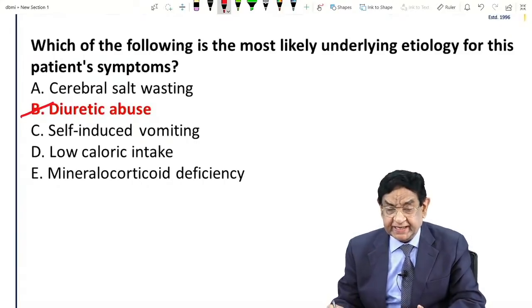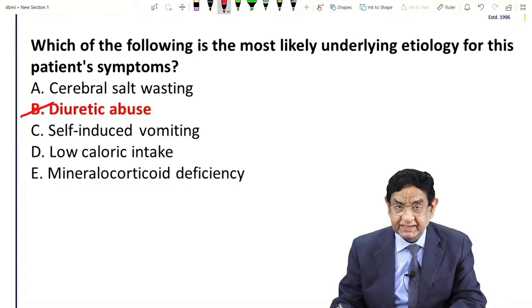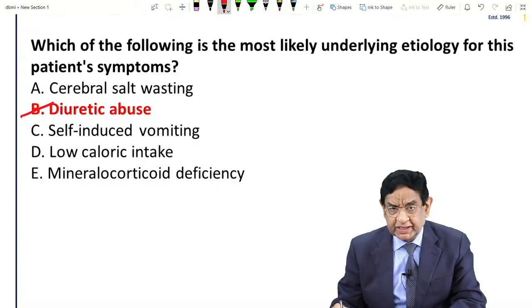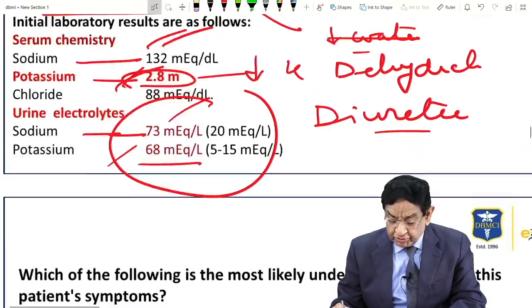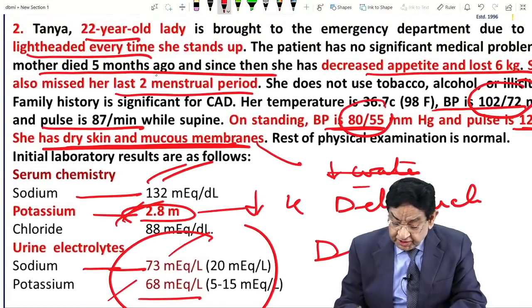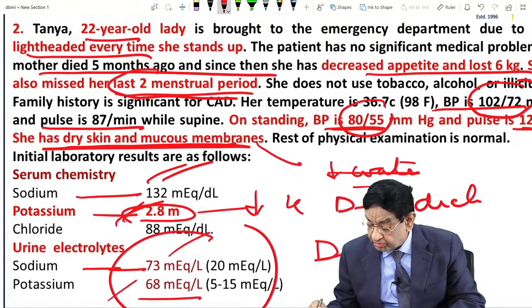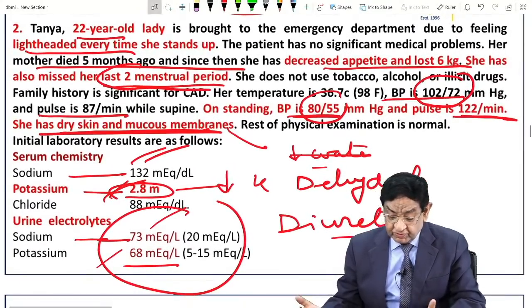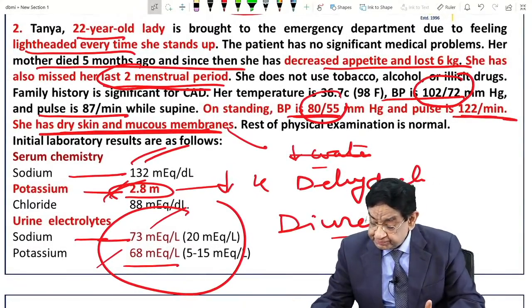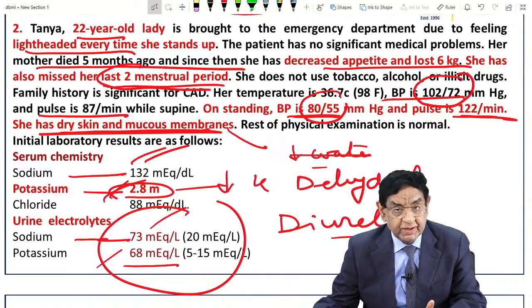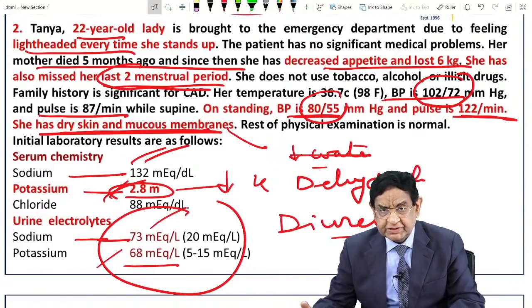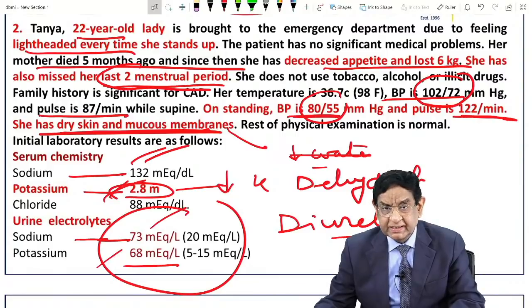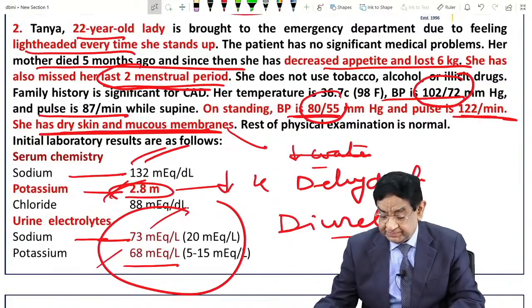Her mother died 5 months back. She is totally mentally disturbed. So under the stressful condition, what we note, how do you know stressful condition? She missed her 2 menstrual cycles also. Well, you can very well say she can be pregnant also. We cannot rule out. But in the question there is nothing related to pregnancy.